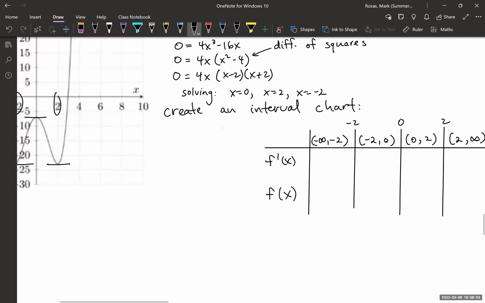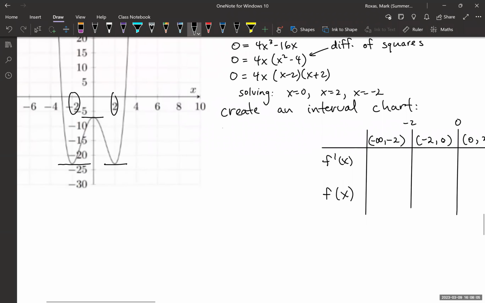Let's just look at the first interval, -infinity to -2. What if we used -3? So f prime of -3. If I plug -3 into my derivative, 4 times -3 is -12. Let's just use the fully factored form, 4x times x minus 2 times x plus 2.